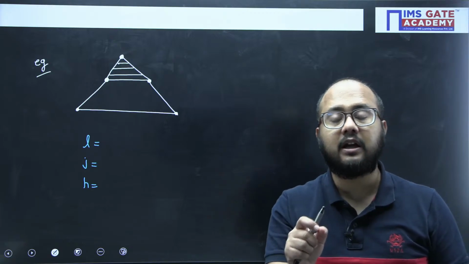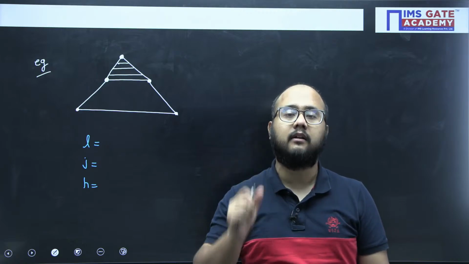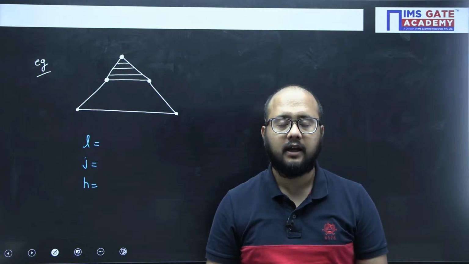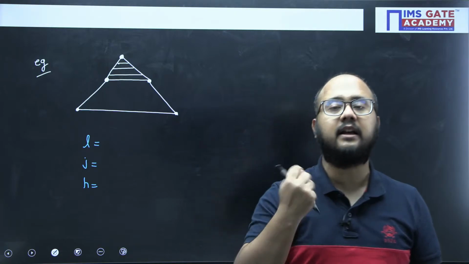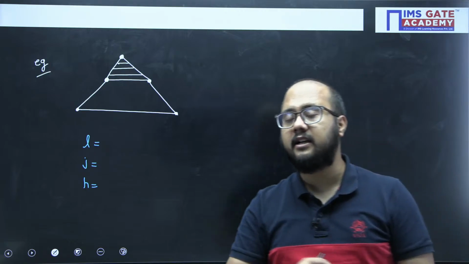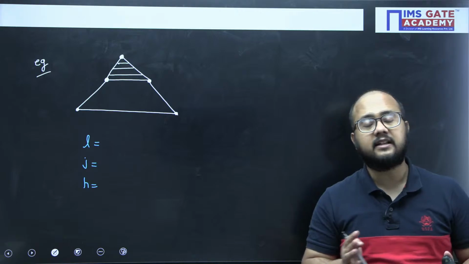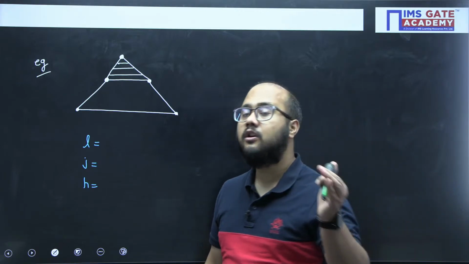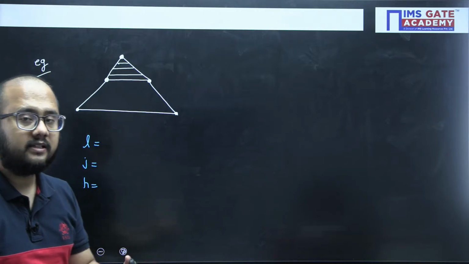This classification is based on the number of ends of a particular link. If a link has 2 ends, it is called a binary link. If it has 3 ends, it is called a ternary link. And if it has 4 ends, it is considered a quaternary link. I hope this is clear, everyone.